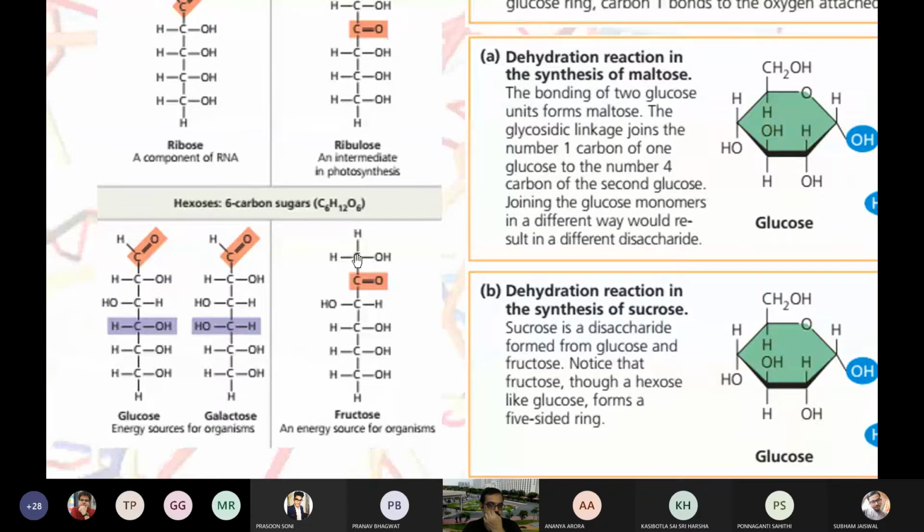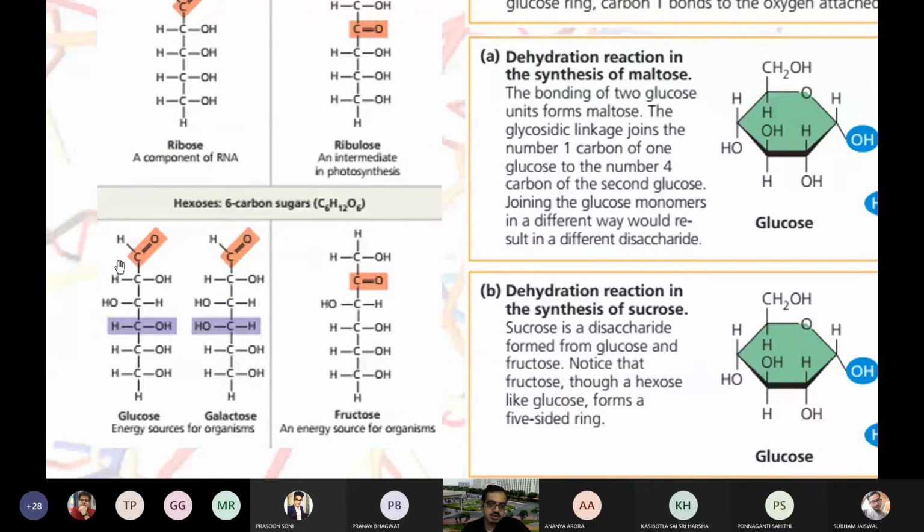This is the sweetest sugar available, I mean, naturally available. Okay, it's a ketone. What is the difference here? Can you see that? The carbonyl group here is at the tip, okay, at carbon 1. Here the carbonyl group is at carbon 2.